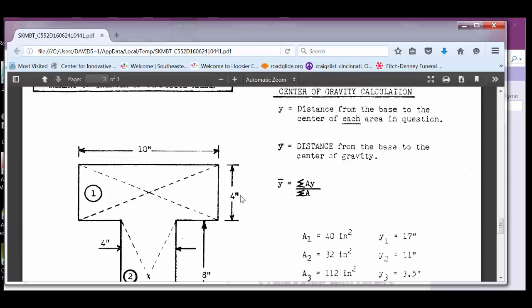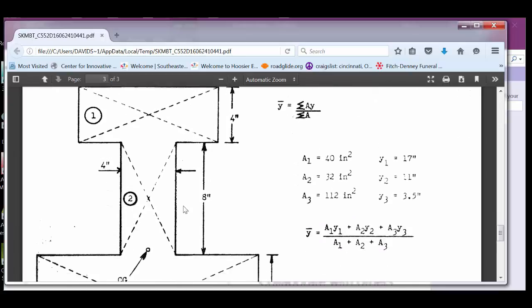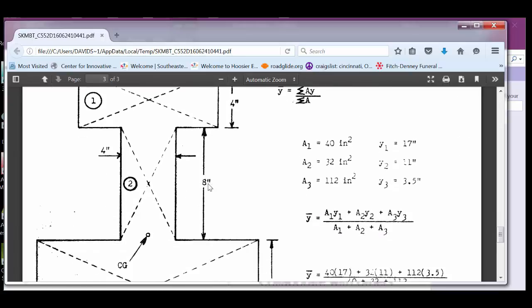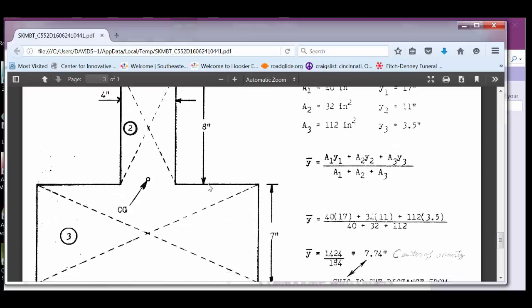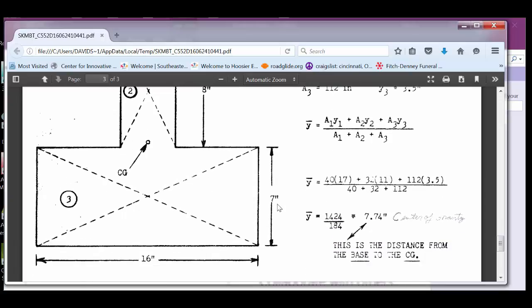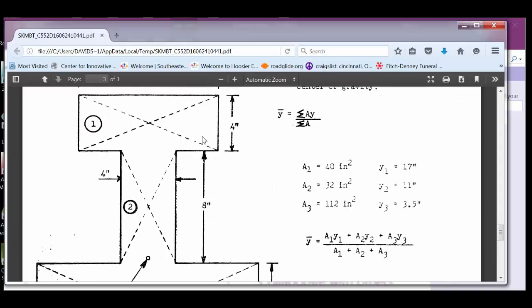So half of that is 2. But then you have to add the rest of it. So 2 plus 8 is 10, plus 7 is 17. Thus, the y for the square of 1 is 17. So it's this distance plus that distance plus half of this. Make sense?